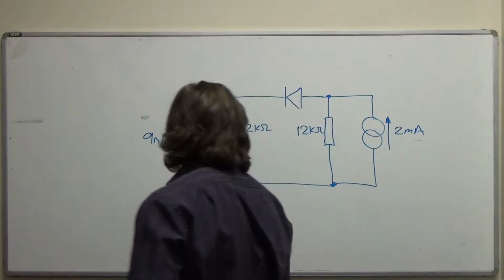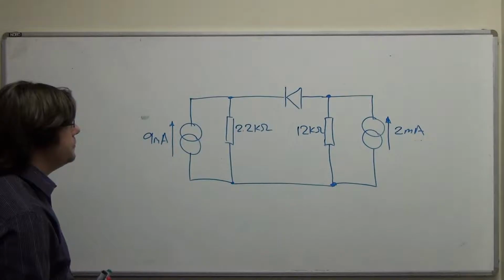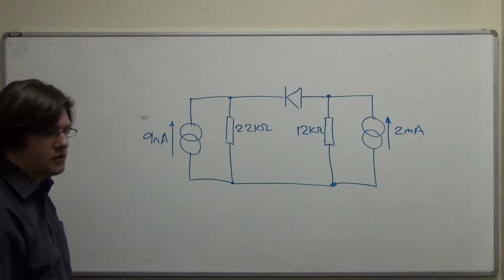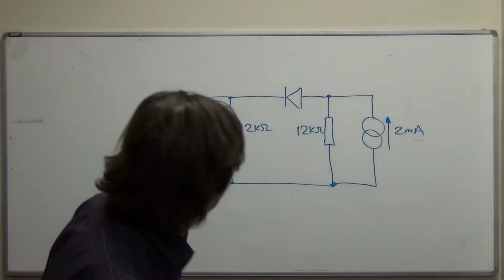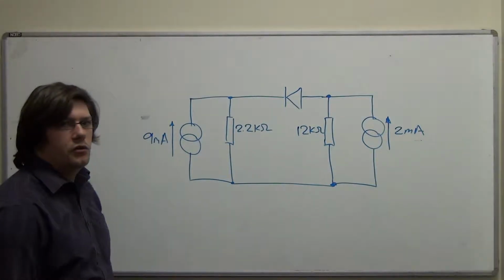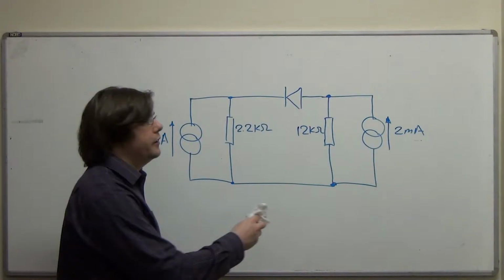We might look at it afterwards, but there really is no need to do that. I mean, you can if you want to, but we may as well just carry on with the question as it is. I don't think it will be very much faster to do a transformation, so we'll do the same thing that we always do. We'll say, I assume the diode is not conducting, and rub it out.